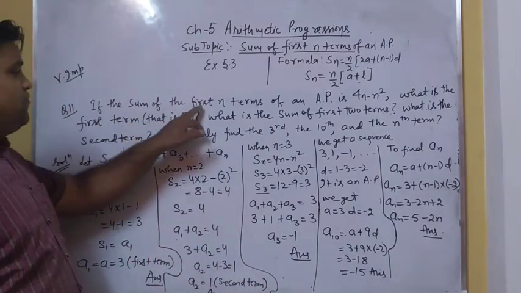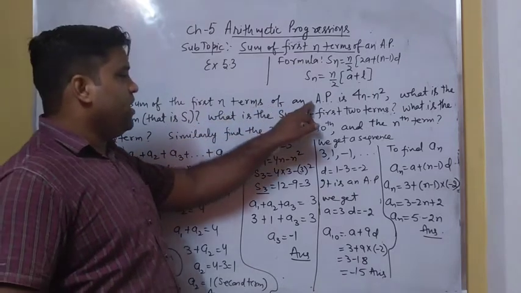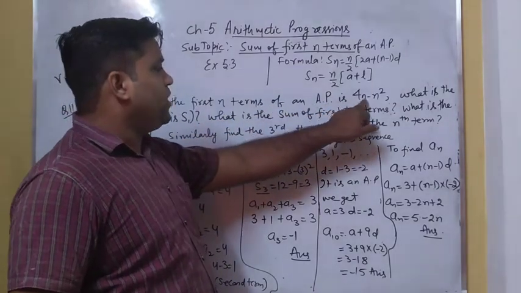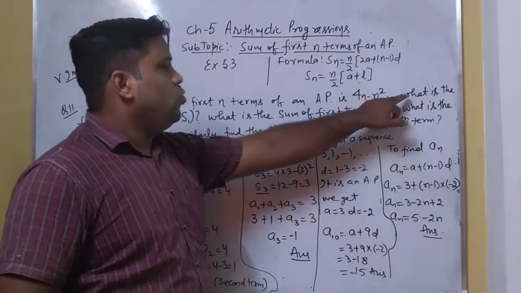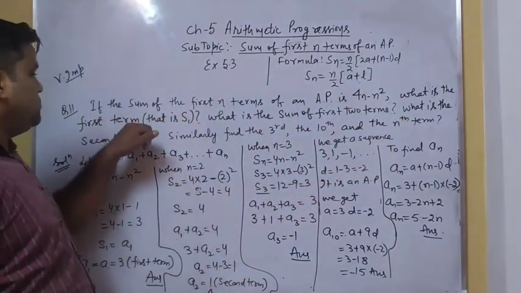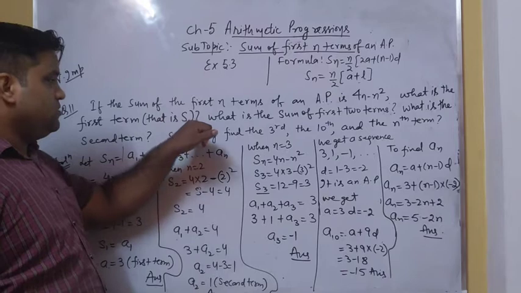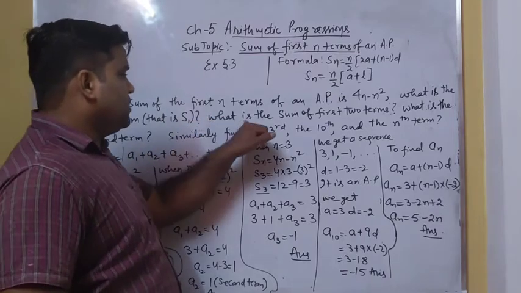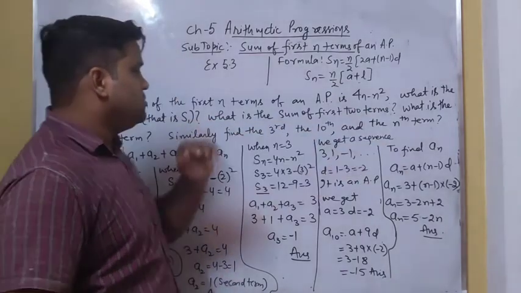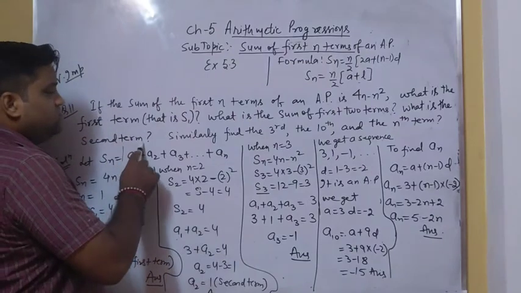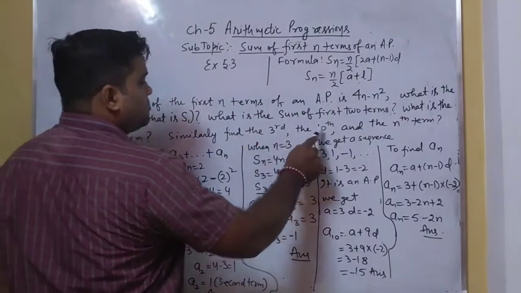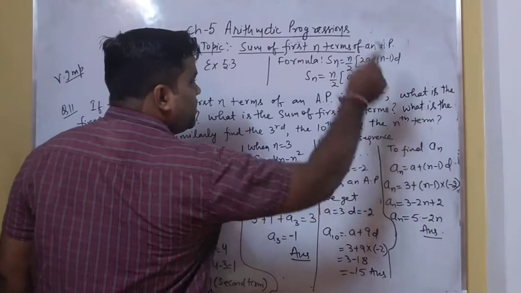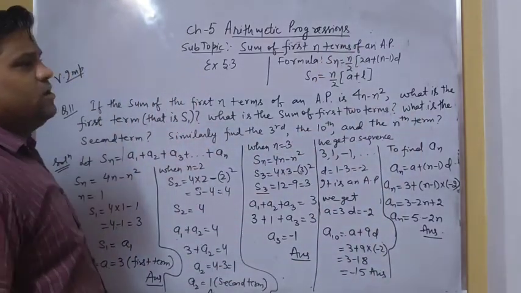If the sum of the first n terms of an AP is 4n minus n square, what is the first term, that is S1? What is the sum of the first two terms? What is the second term? Similarly, find the third, 10th and the nth term of the AP.